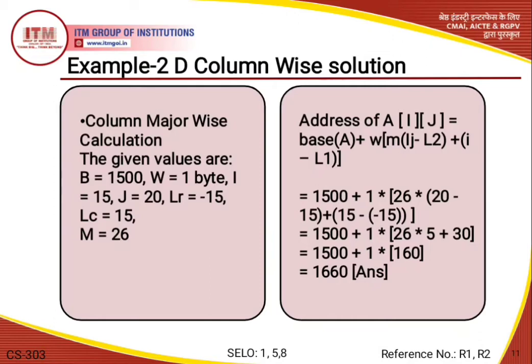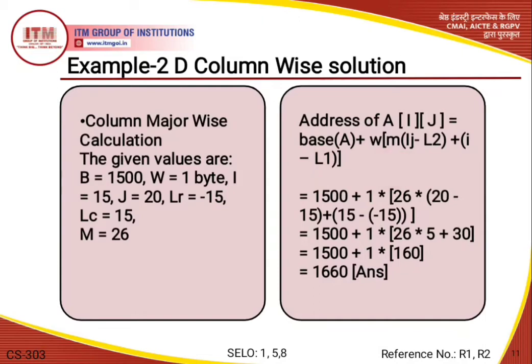Now we start to put these values in the address calculation of column measure wise. According to the formula, Aij is equal to base A plus W times M times (Ij minus L2) plus (I minus L1).